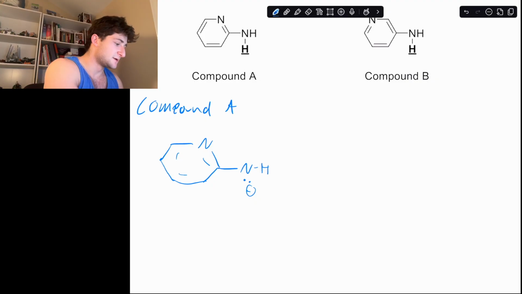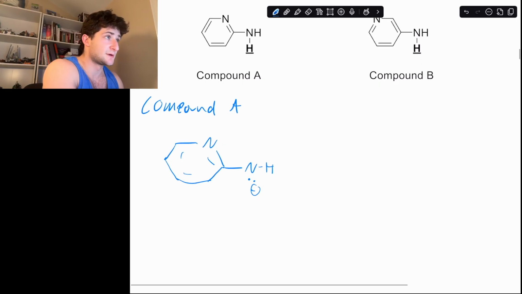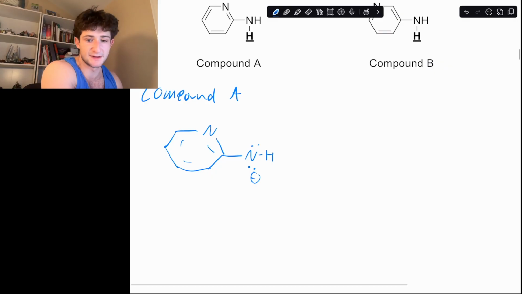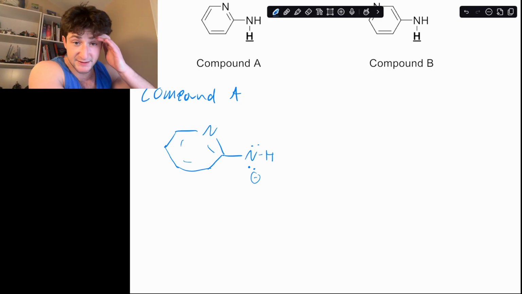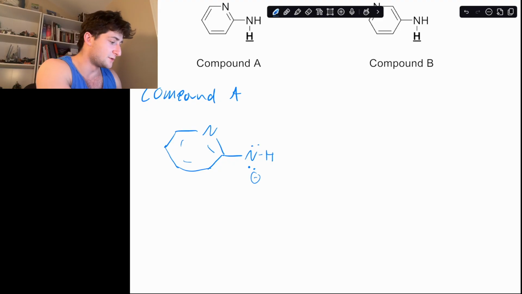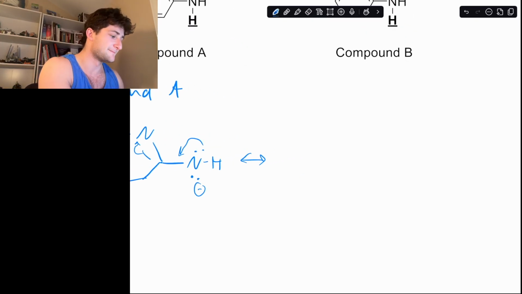So, nitrogen always has 3 bonds and a lone pair. So, in this case, it has 2 lone pairs, which is why I drew this negative here. And with resonance, you turn a lone pair into a pi bond, like that, and a pi bond into a lone pair, like that. And remember your double-sided arrows. It's a stupid way to lose points.